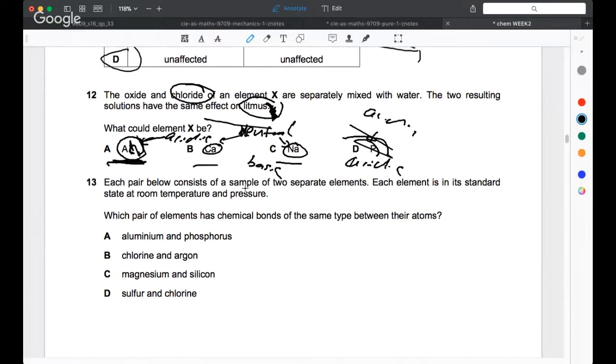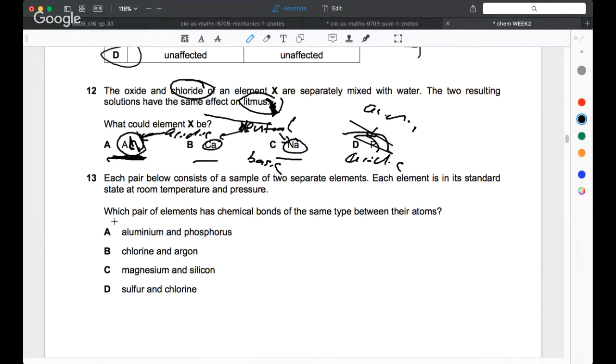Question 13. Which packing system? Maybe we can just go from A. What is the type of bonding in aluminium and what is the type of bonding in phosphorus?